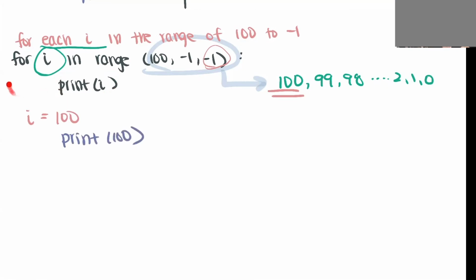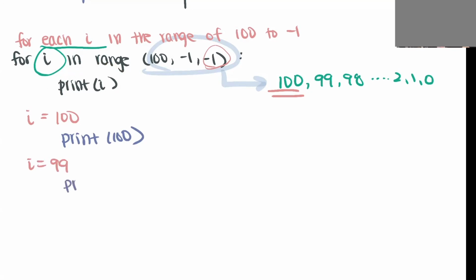Then you go back up, you see this for I in range, and then you will try this one right here, 99. So I is equal to 99. Then we go inside the code block, so we're printing I, which is 99.